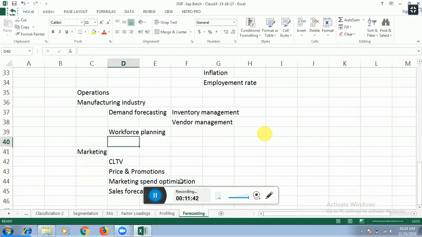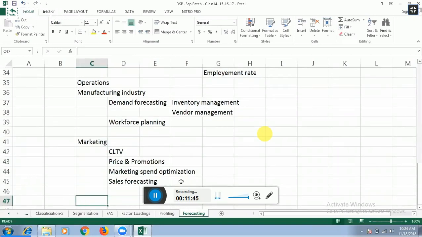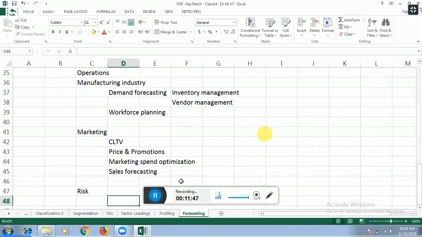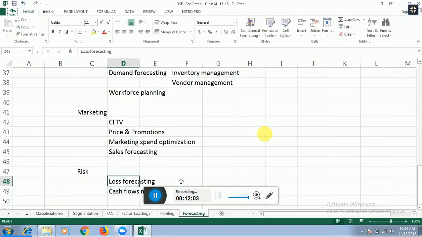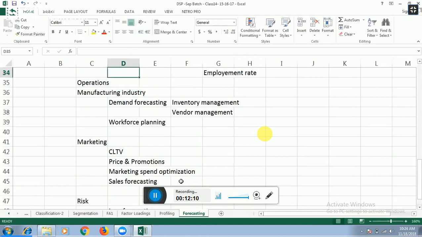And of course, even risk, loss forecasting, or how much loss we are going to incur, and cash flow management. So like this, you may see a lot of scenarios. You can manage different types of business problems with the help of forecasting.